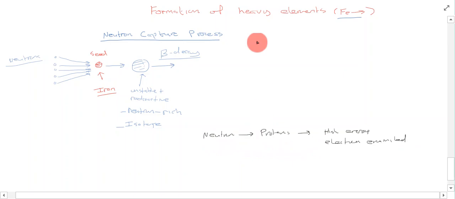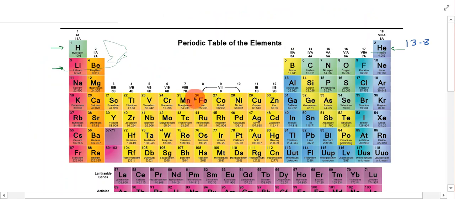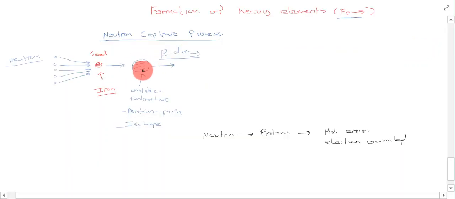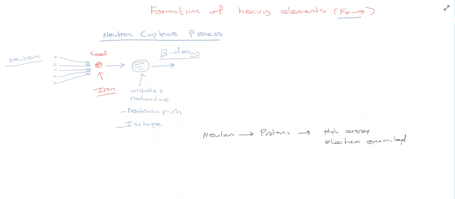If you remember, it's the number of protons that an element has that indicates the type of element that it is. For example, iron has 26 protons. If the iron nucleus gains a load of neutrons, the mass number increases and it becomes what's known as an isotope, but it's still iron, because it only has the original 26 protons that it starts off with.